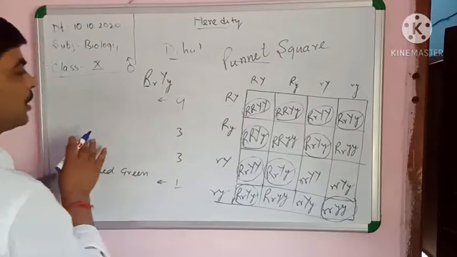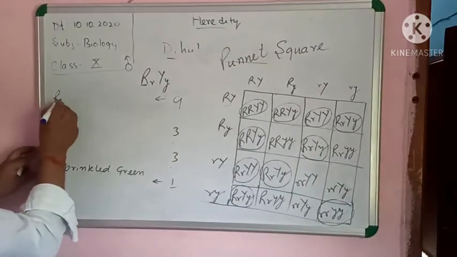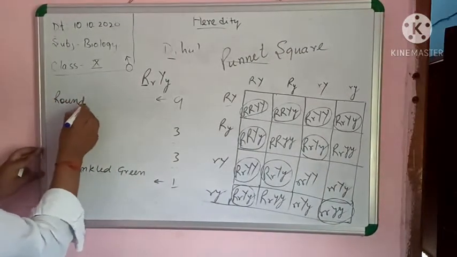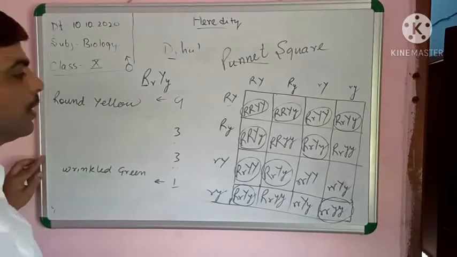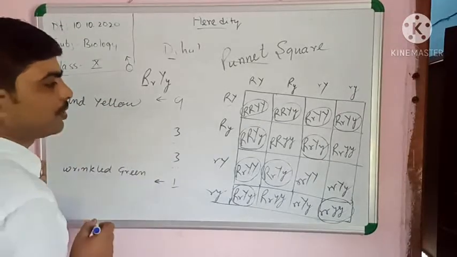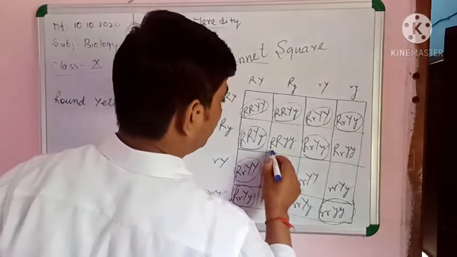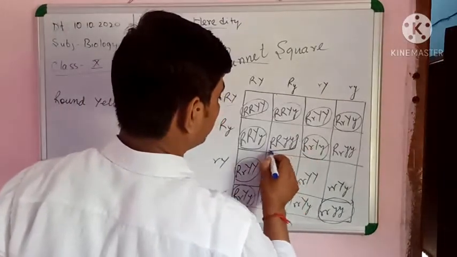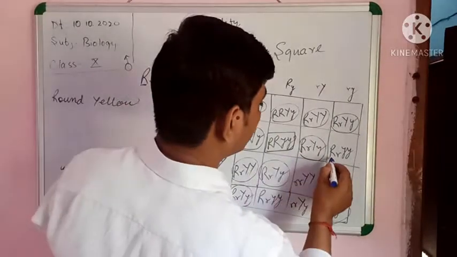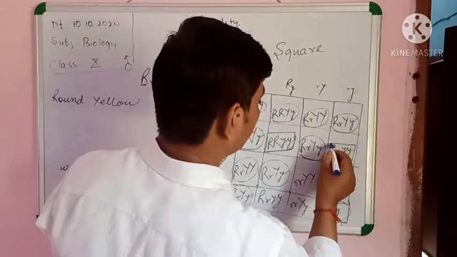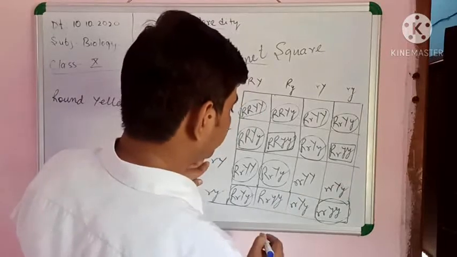What is the phenotypic ratio? It is round yellow. Now 3:3. See here, round green. This is round green. This is round green. Okay.